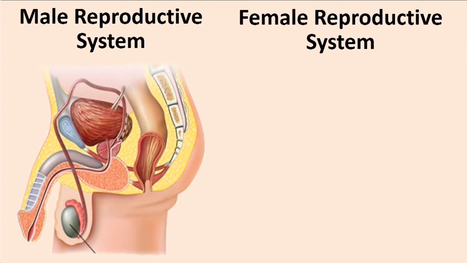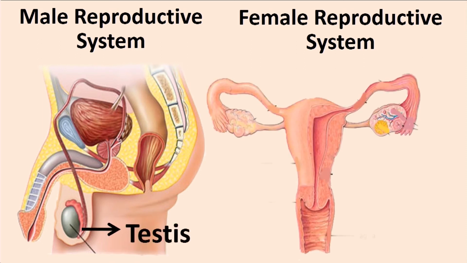In the male reproductive system, the gonad is the testis. In the female reproductive system, the gonad is the ovary. So, what does it do? The testis will produce sperms, and the ovary will produce ova with the help of several hormones.